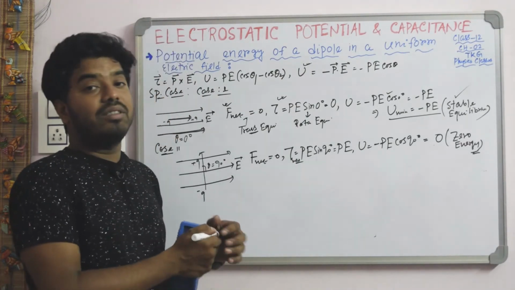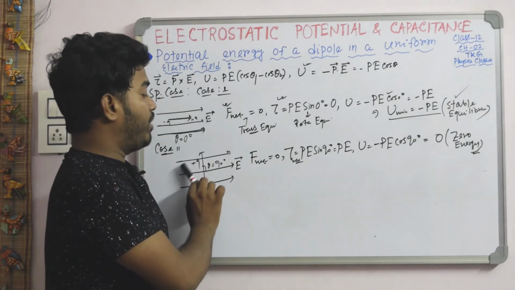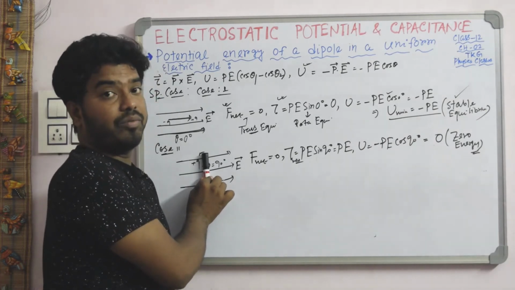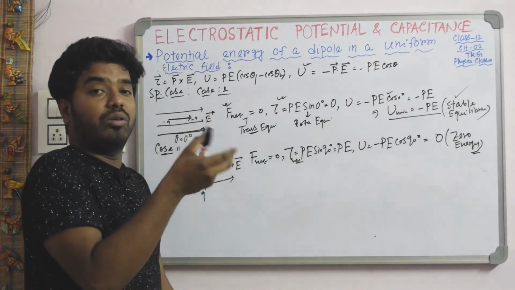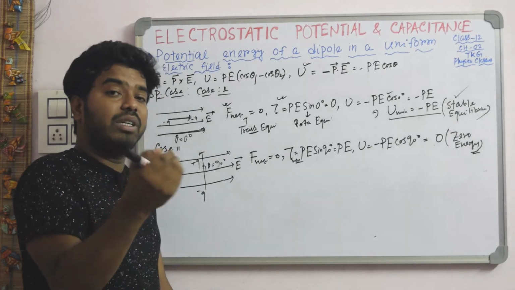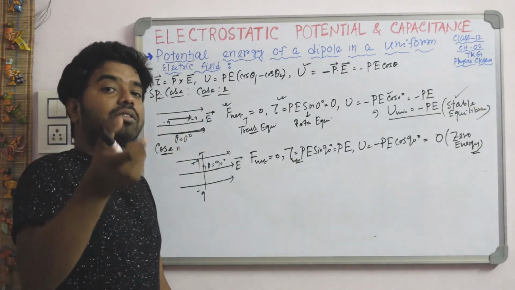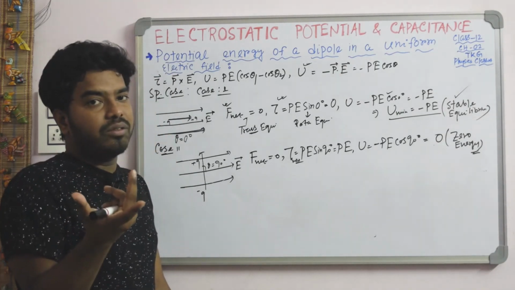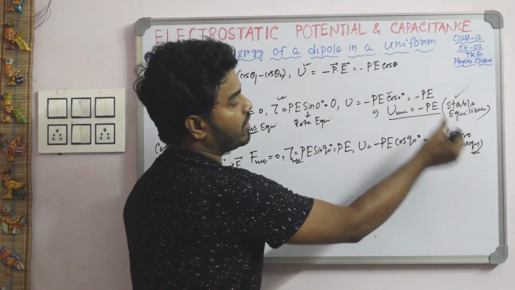If we hold this dipole perpendicular to the electric field and bring it from infinity into the electric field, then the work done on the charge plus q by the external agent is exactly equal to the work done on the charge minus q. That's why the net work done is 0. As a result, we can say the potential energy expression is 0.